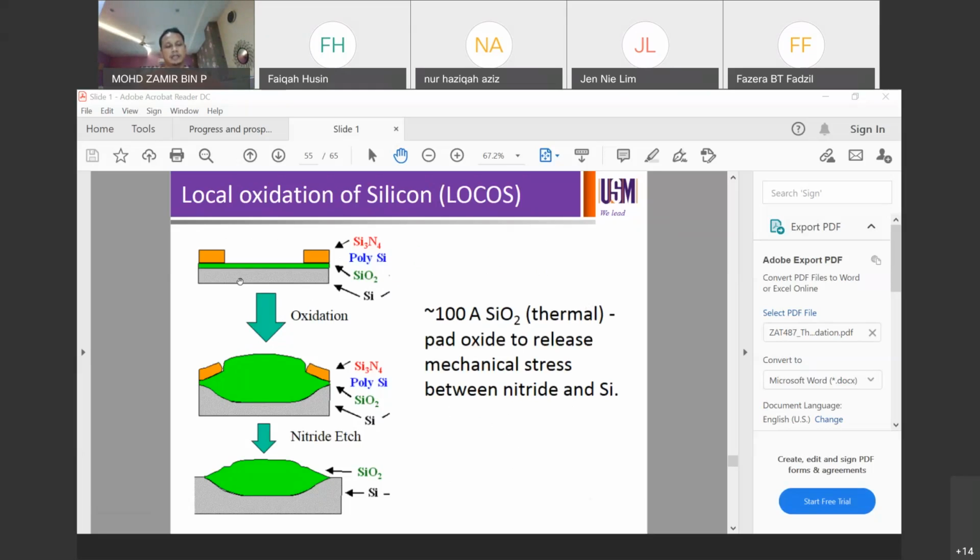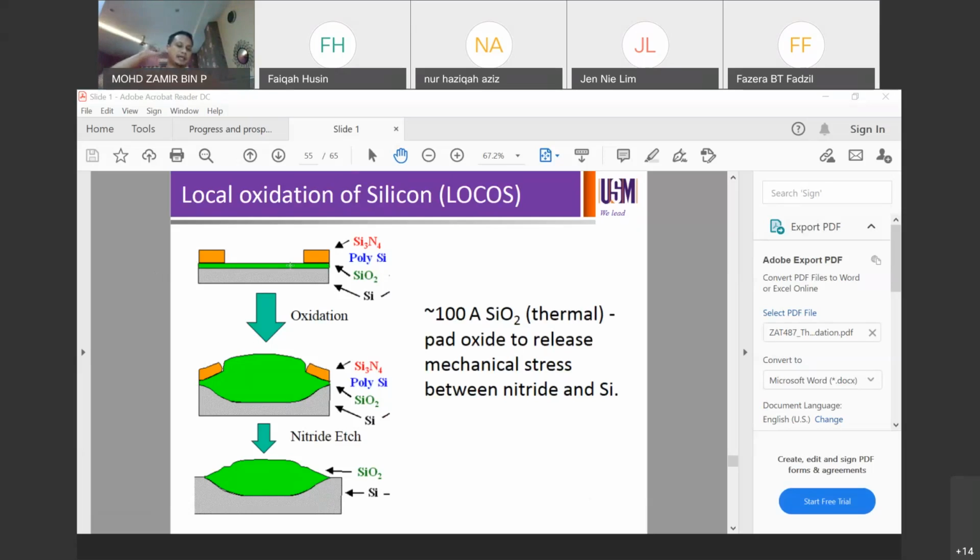You have your silicon in gray color here, and then you deposit or grow your oxide blanket on your silicon, and then you have your nitride layer there, and poly layer there. Okay, you have the nitride as the features on the left and on the right.